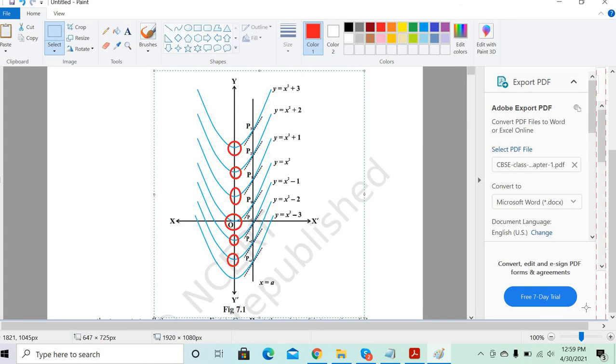dy by dx, whenever we find differentiation, is a slope at a certain point, suppose p. When you take the slope of the curve x square plus 3 at the point p4, it is the same parallel line. You see the parallel lines from p4, p3, p2, p1, p0, p minus 1, p minus 2. All the slopes are parallel.